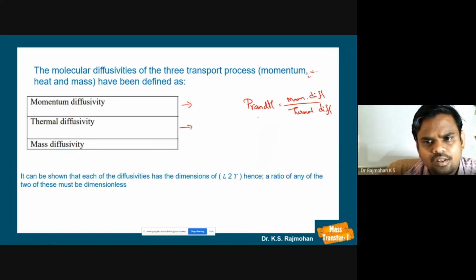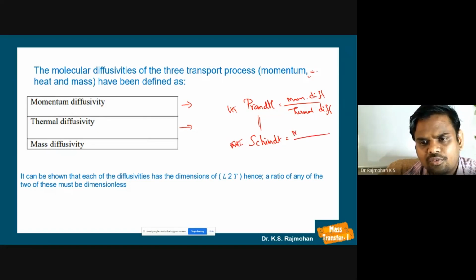Similarly, its equivalent is Schmidt number in mass transfer. Prandtl number is for heat transfer, Schmidt number is for mass transfer. So when you take the ratio of momentum diffusivity to mass diffusivity, we get Schmidt number.